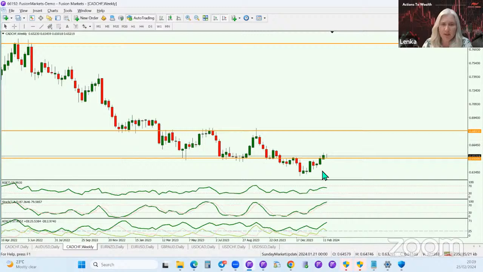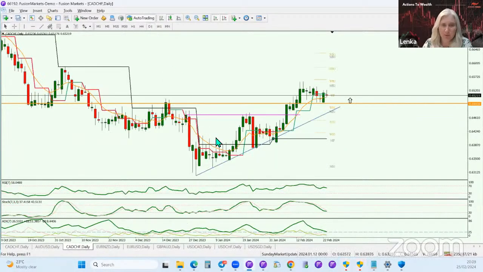But on the weekly, we can see that we're back in that previous range. So what I'm looking for here is some kind of a retest and to see if it will keep going up to the top of that range where it was before.